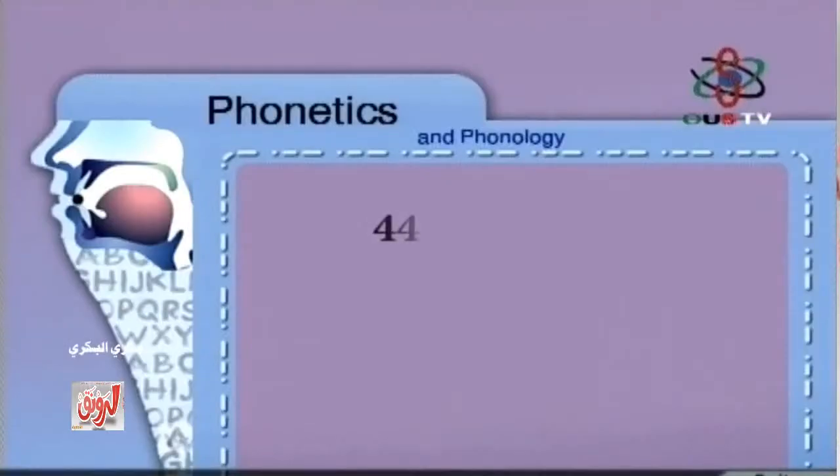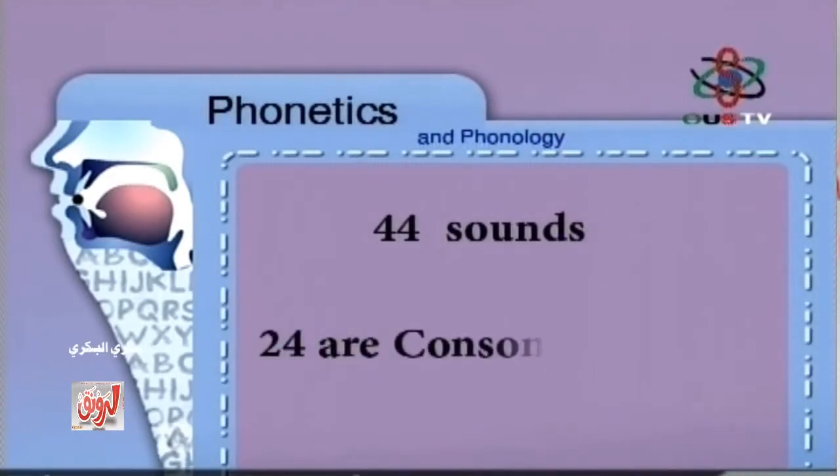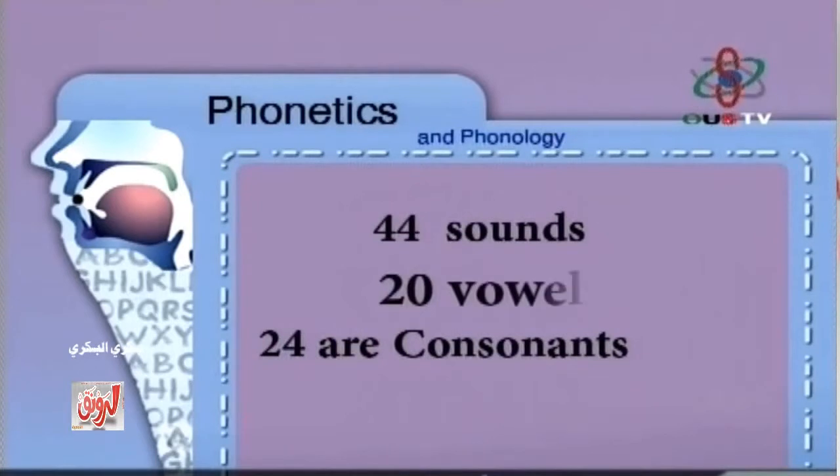Right, if you remember, I said, as long as we are dealing with sounds, in English there are 44, in RP, when I say English I mean RP. I said 24 of those are consonants and 20 are vowels.